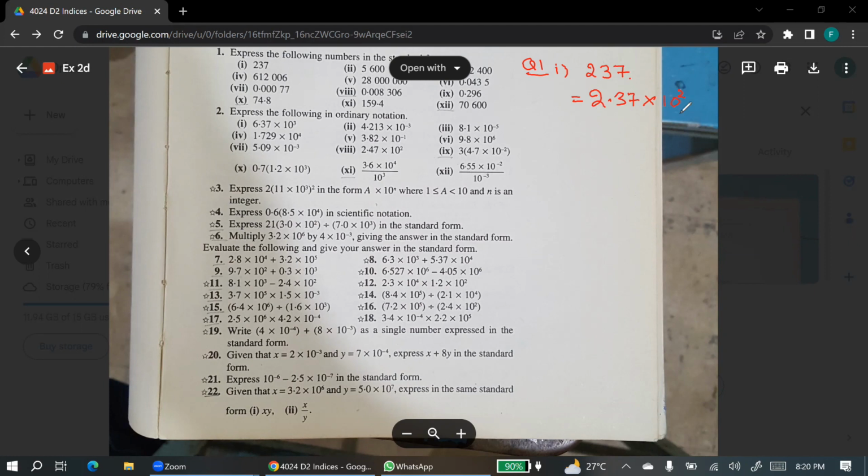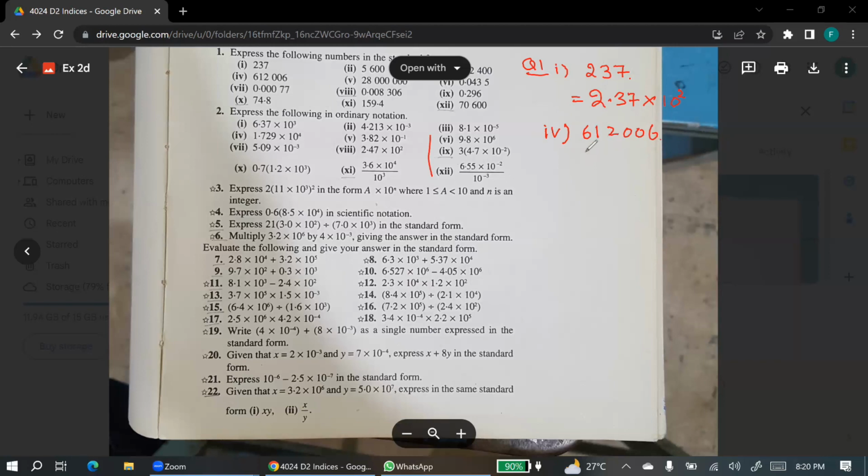Now, the next one is part number 4. 61206. Now the decimal point is at the end.